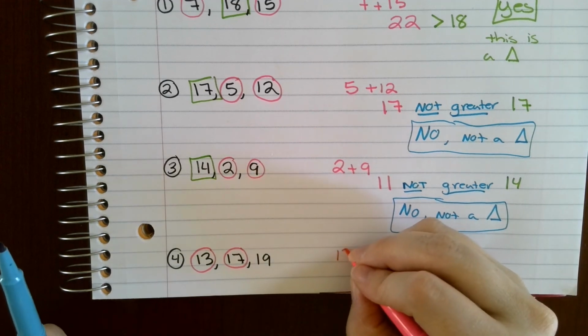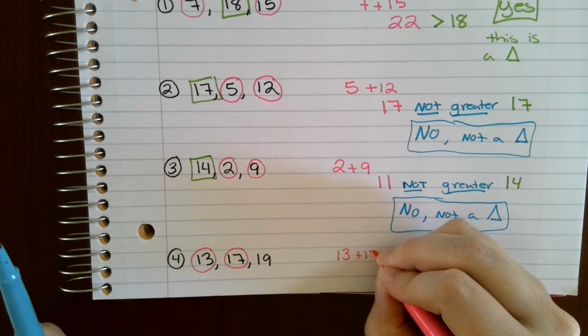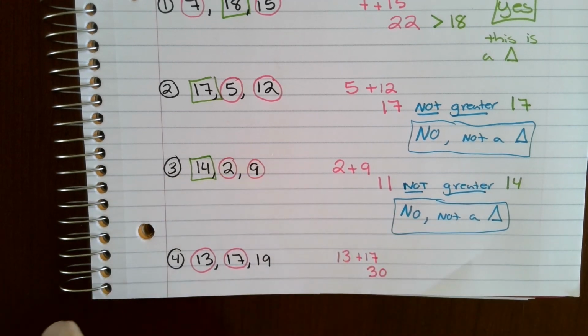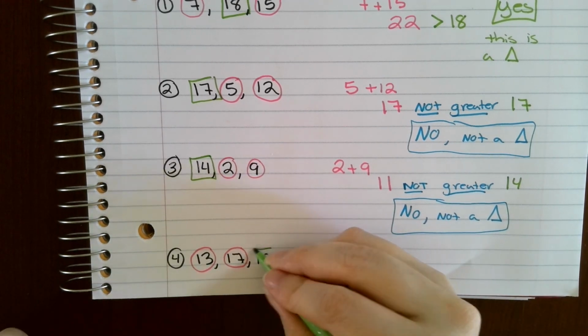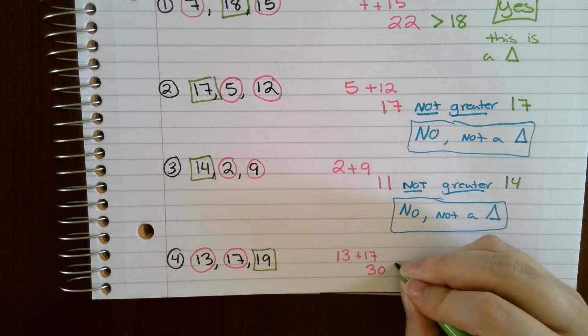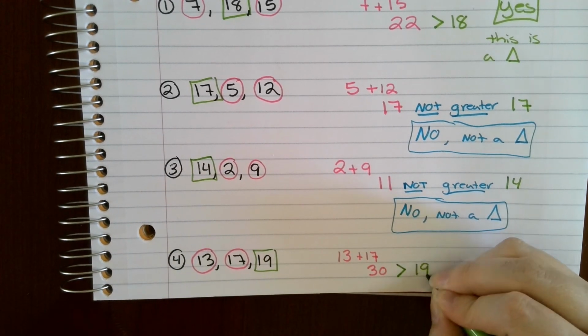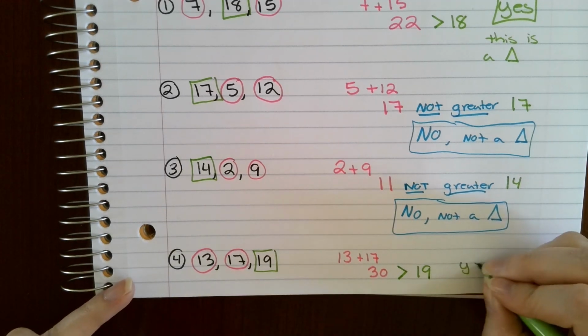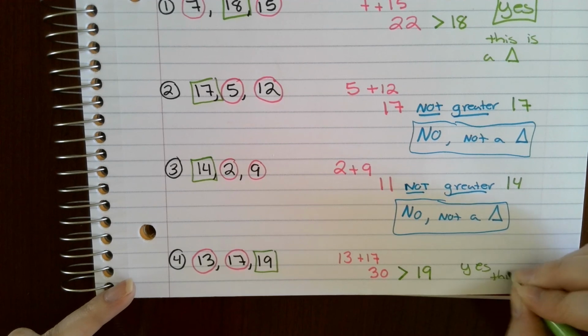If I take 13 and add 17, I'm going to get 30. My longest side is 19. Is 30 greater than 19? Yes, 30 is greater than 19. So yes, this is a triangle.